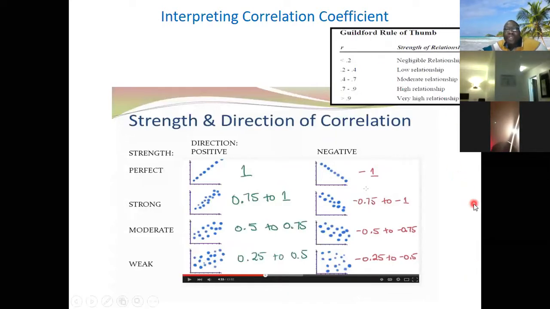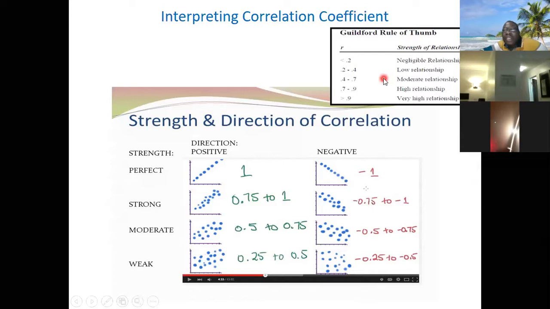Now let's quickly look at how we do interpretation. We already said that it's useless calculating a P value for correlation. Even if the computer gives it to you, don't ever interpret your result based on that, because it's closely affected by the sample size.